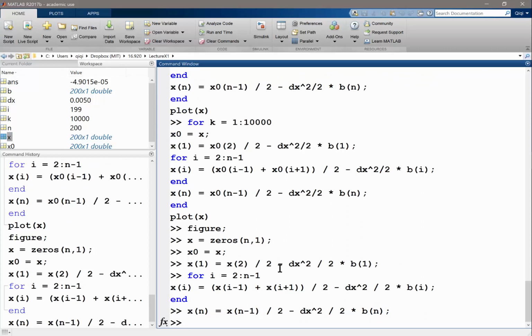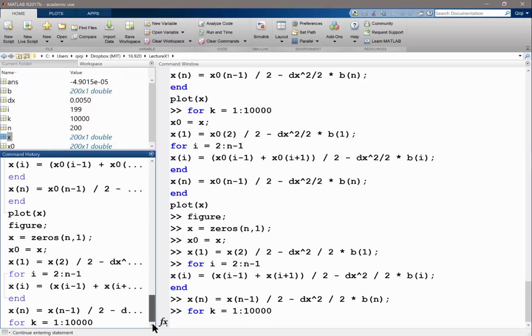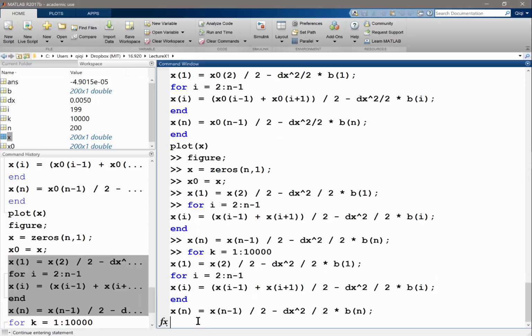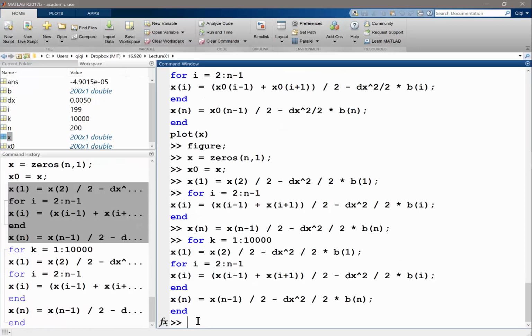Now let's put it, with our expectation, let's put it at 10,000. Let's see, start over here. So here I don't need to set x0 equal to x because x is updated every iteration. So I do this evaluate section and plot it.